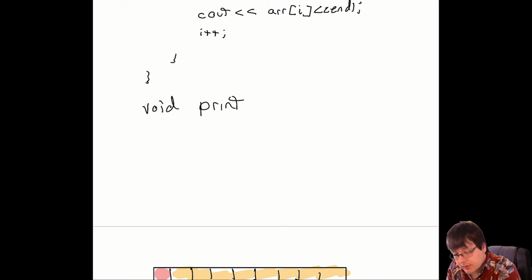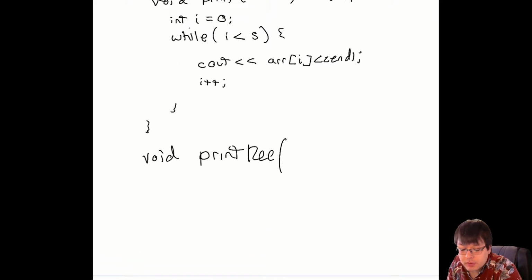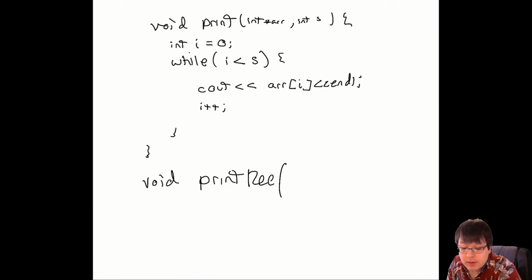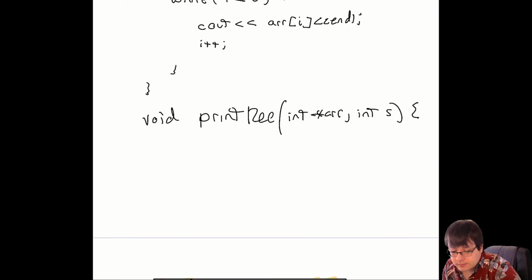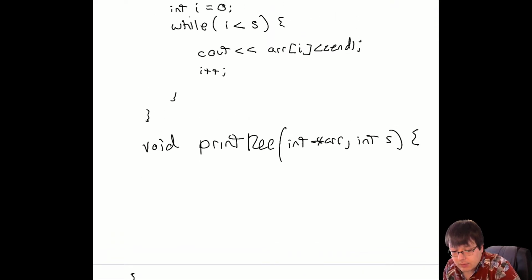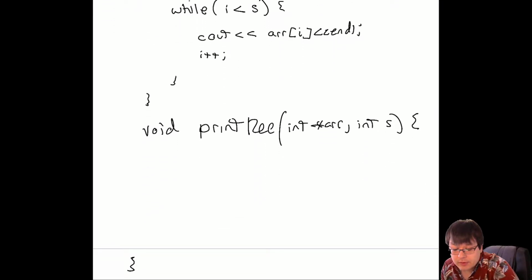We'll call this print recursive. We still need a pointer to the array, and we still need to keep track of the size. However, you don't need to do anything fancy like you did here with the counter, because what we can do is we can use pointer arithmetic to keep track of the counter within the parameter.